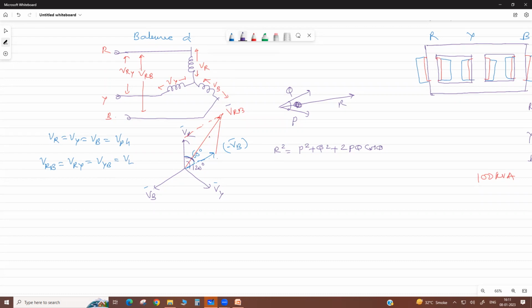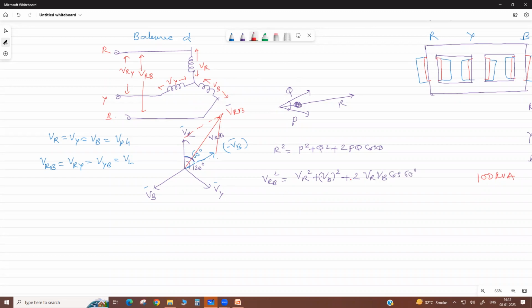Now if we calculate this resultant VRB, VRB whole square equals VR square plus VB square, minus VB, it is a vector, so the magnitude is the same, plus twice VR VB cos of 60 degrees.